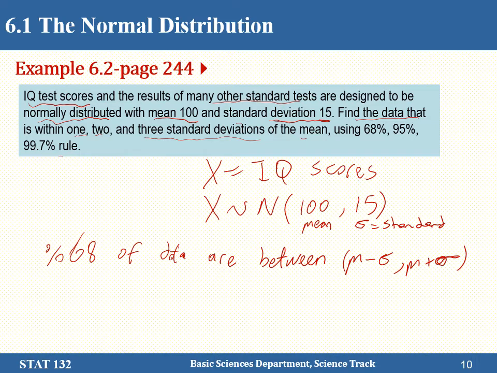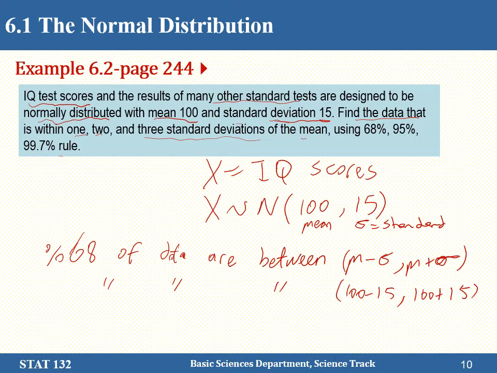So you can say the same thing here. 68% of the data is between 100 minus 15 and 100 plus 15.